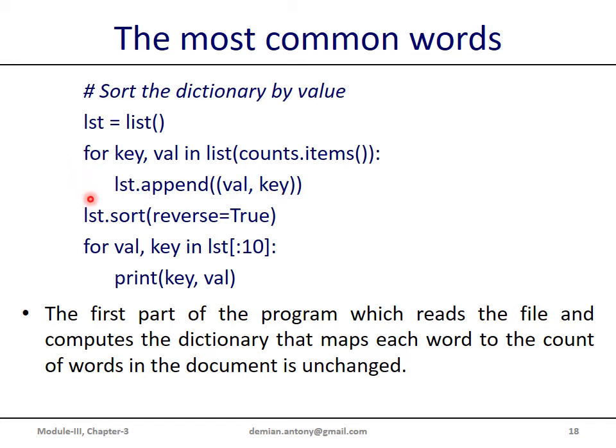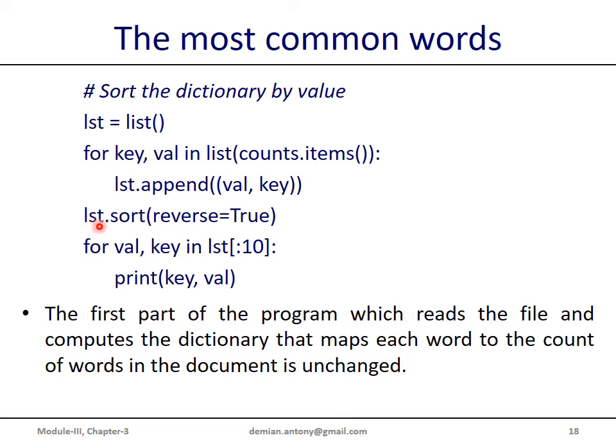Once this is done, we have a list of tuples where each tuple is of the form value and key. We sort the list of tuples in reverse order of value first, and if value is the same, then it is based on the word.